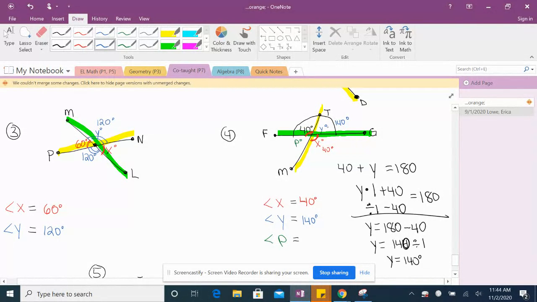So if angle Y is 140 degrees, then angle P has to be 140 degrees. Si este ángulo de Y es 140 grados, ángulo P tiene que tener 140 grados también, because they're opposites and they form an X. Porque son opuestos y se forman una X.